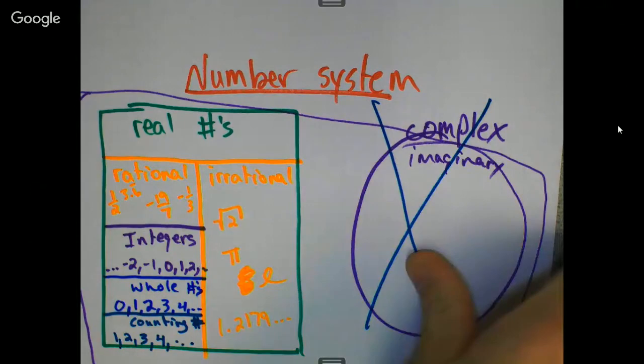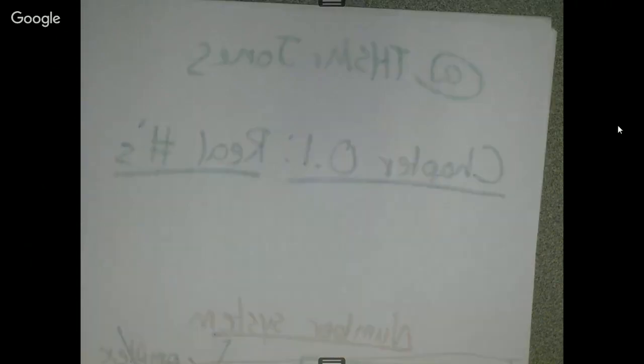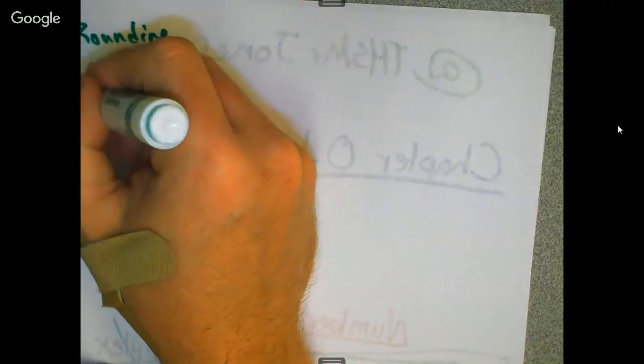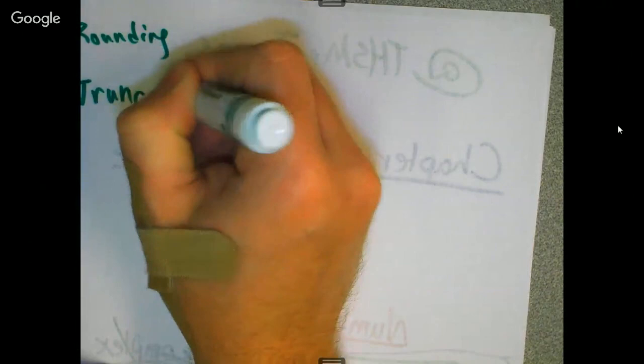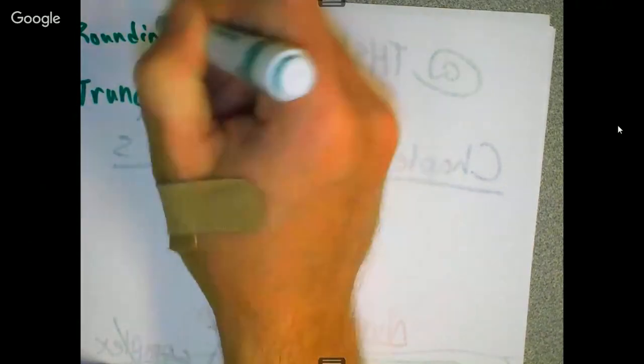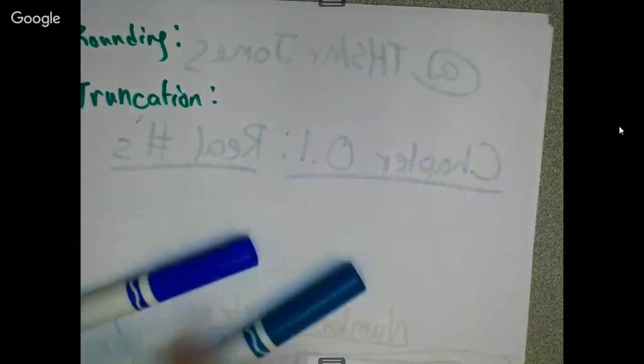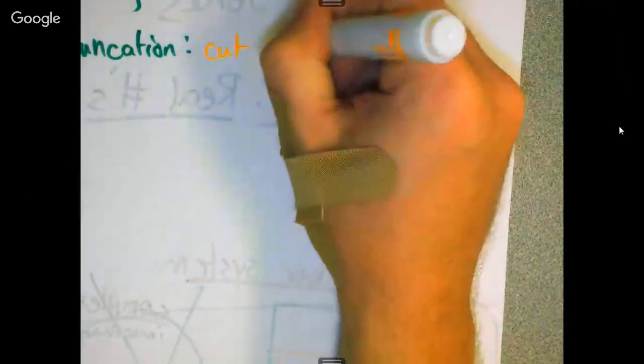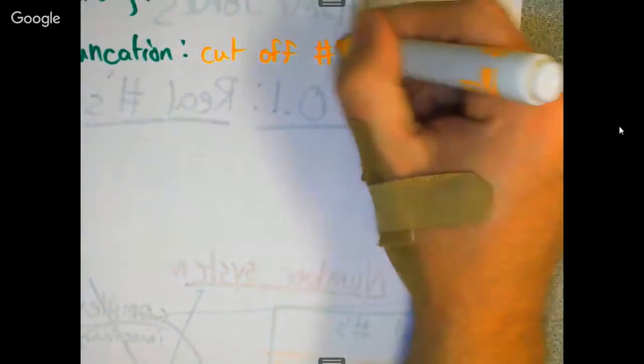All right. We have two things. One's called rounding, and the other thing is called truncating or truncation. Okay, so with truncation, you cut off numbers after a certain decimal.